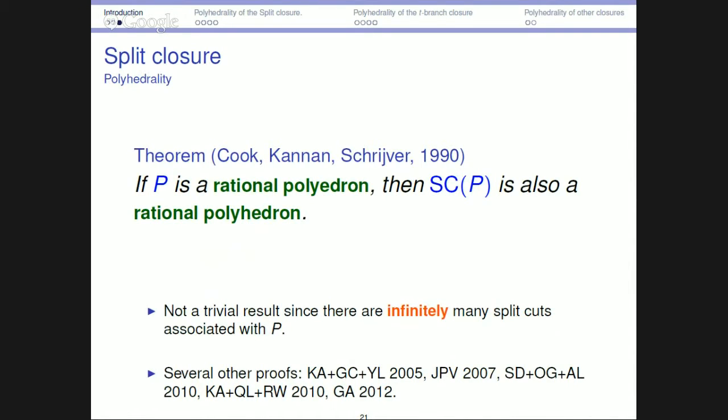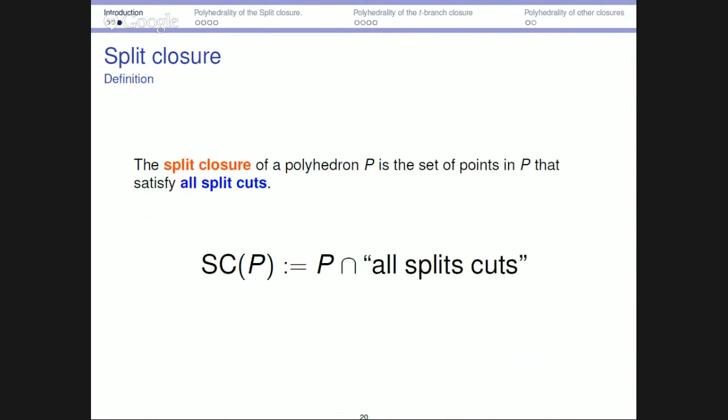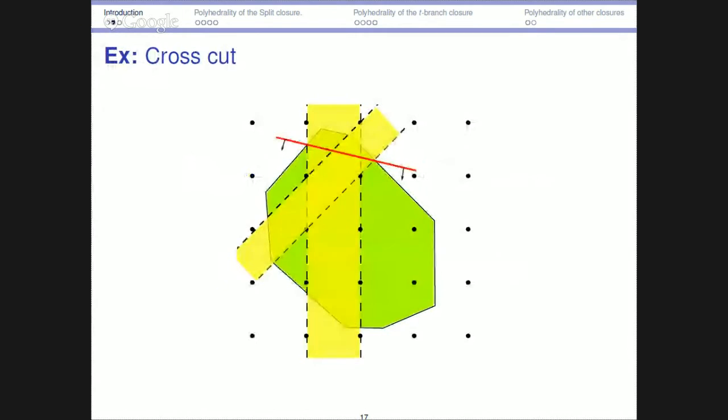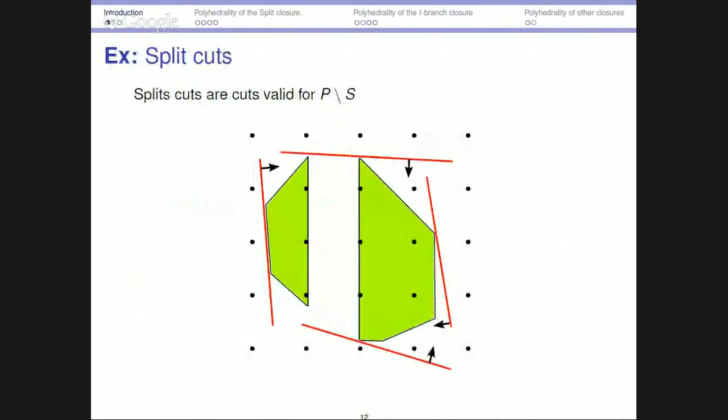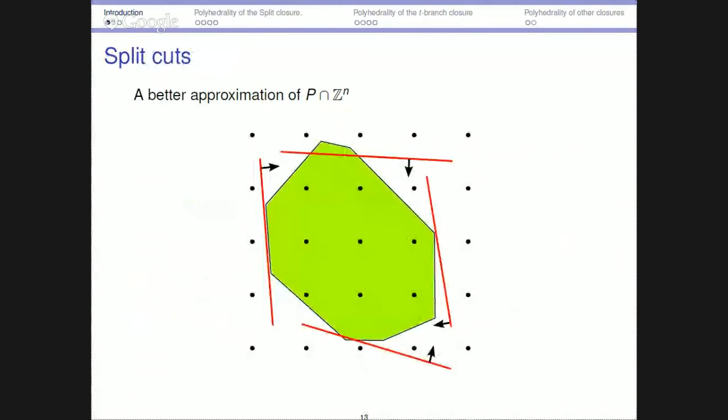I don't think you need from the figures that the split cuts are always defined by lines, right? Yeah, by hyperplanes, yes. So we lose convexity because it becomes like a disconnected set? No, because what you do is you take all the valid inequalities. So what you obtain when you intersect with P is a convex set, right?